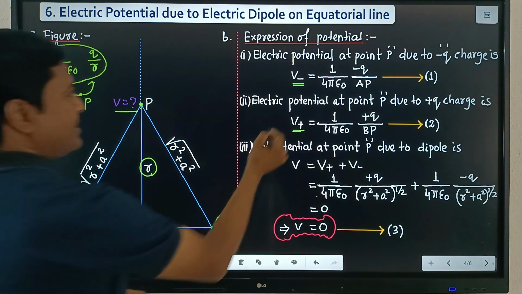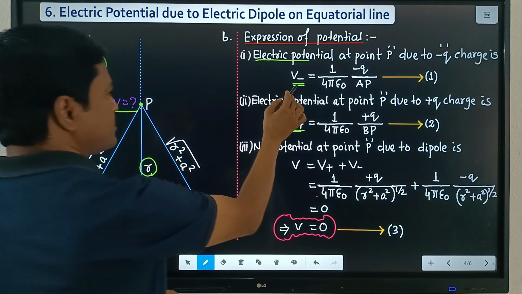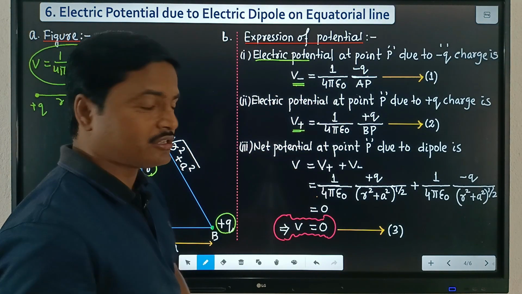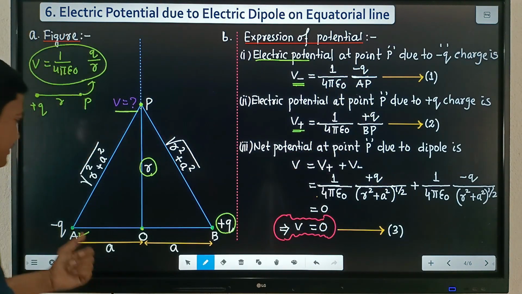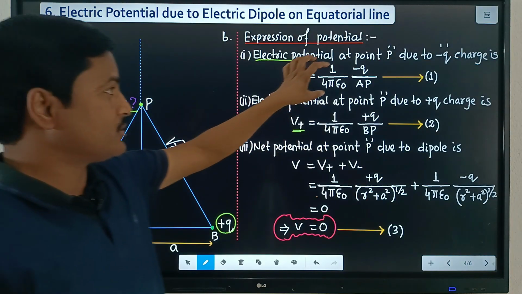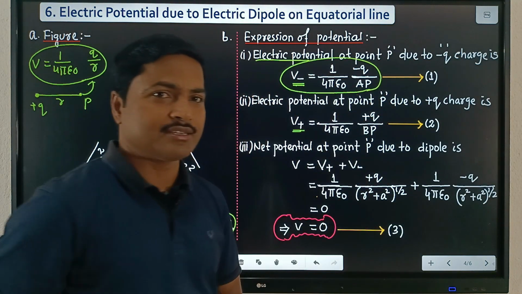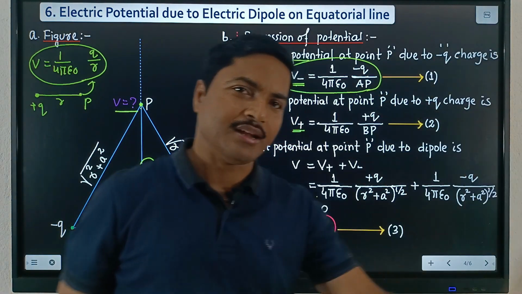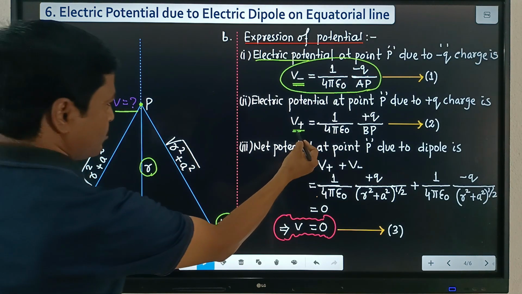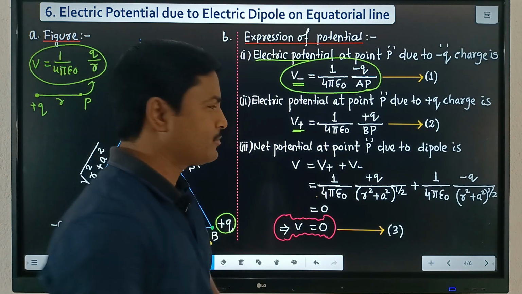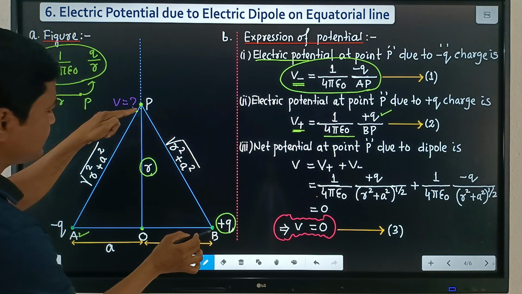So we write the electric potential at point P due to minus Q charge, that is V minus, is equal to 1 divided by 4 pi epsilon 0, charge is minus Q, so we write minus Q divided by distance, distance is AP. This is the expression of the electric potential due to the minus Q charge at point P. Similarly, the expression of the electric potential at point P due to plus Q charge, we write V plus, same expression, 1 divided by 4 pi epsilon 0, charge is plus Q divided by distance, that is BP.